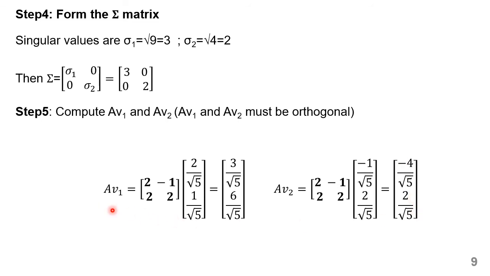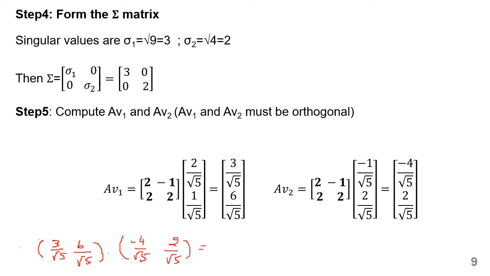And these AV1 and AV2 must be orthogonal to each other. We check for its orthogonality, that is [3 by root 5, 6 by root 5] dot [-4 by root 5, 2 divided by root 5].